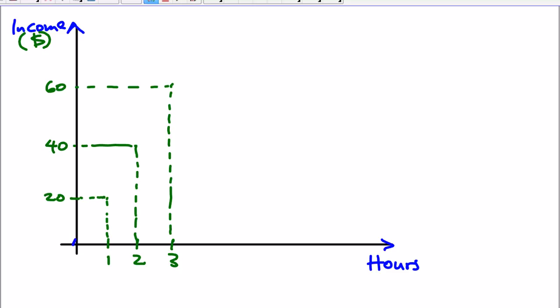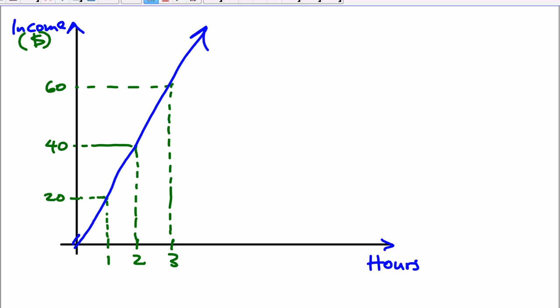And our graph will be something similar to this, a kind of a straight line. Mine is just a sketch, but you can see that her income is actually directly proportional to the number of hours that she has worked.